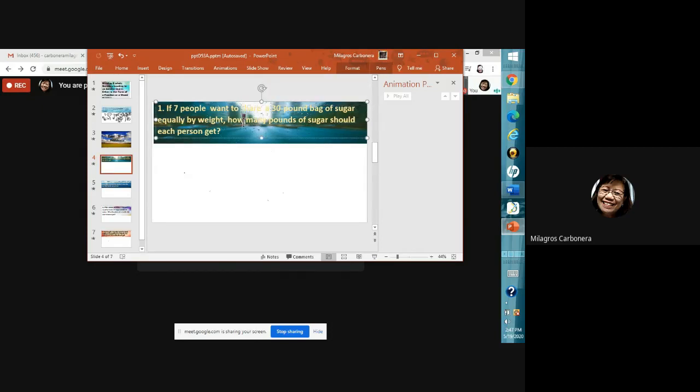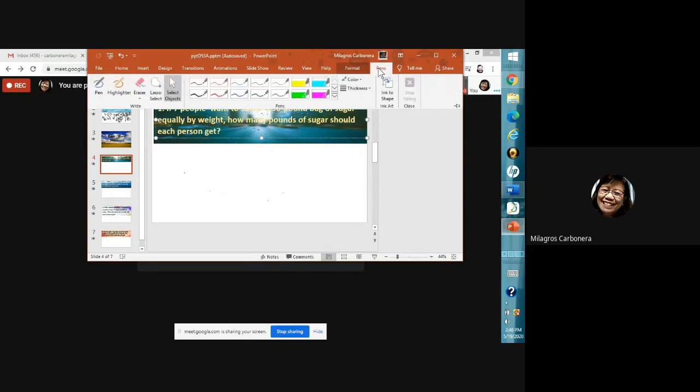If you are sharing chocolate bars or apples, of course you're going to slice the apples if there is not enough amount, or break down the chocolate bars. In this case, because of the word share and the word equally, you are going to divide.